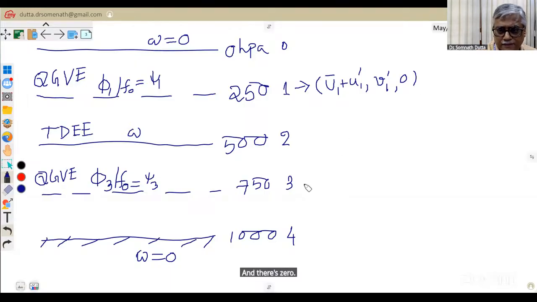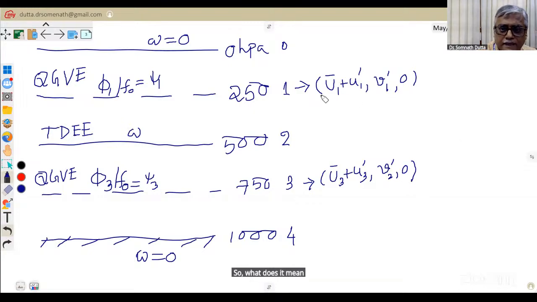Here also the same thing: U3 bar plus U3 prime, then V3 prime and 0. So what does it mean?